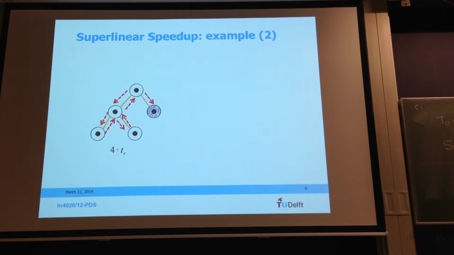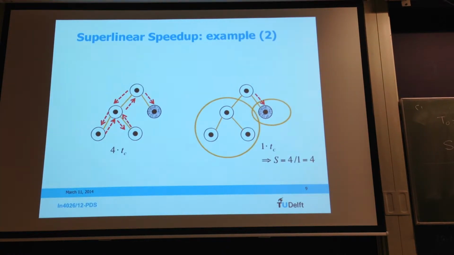This takes us 4 times TC steps, where the TC stands for the fact that we compare the keys. Now, if we would have a different search discipline, which starts with the right branch first, then we immediately have it in 1 TC, which makes the conclusion that we have a speed up of 4.